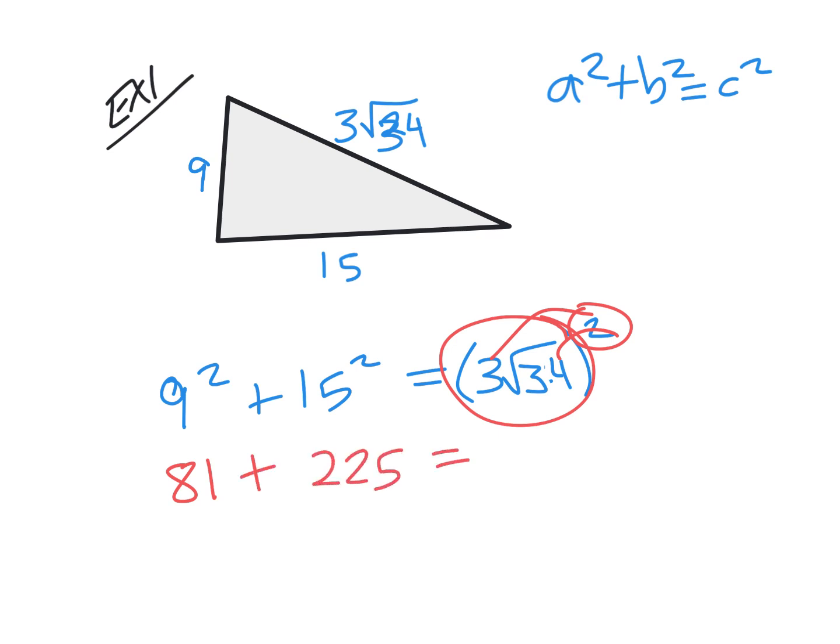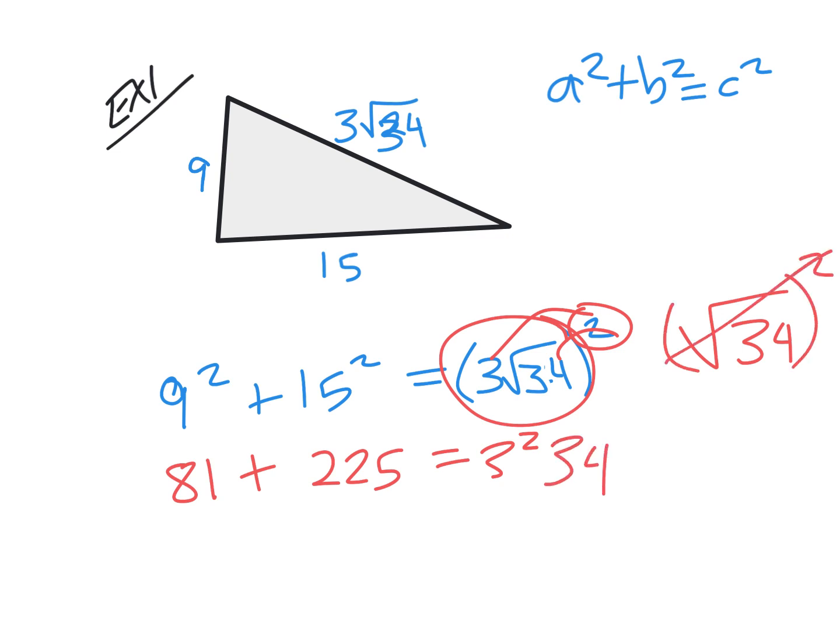And then 3 squared. When you have the square root of anything that has been squared, it cancels the square root and it just becomes 34. So all you have left to do is, what is 3 squared? 9. So then I have 81 plus 225 on the left, and 9 times 34 on the right.